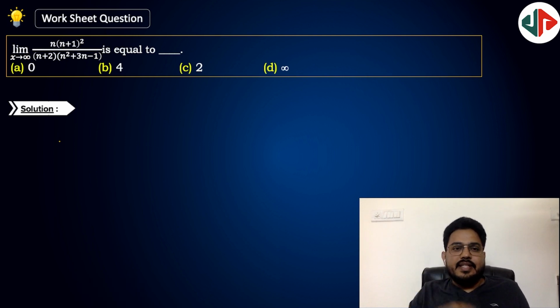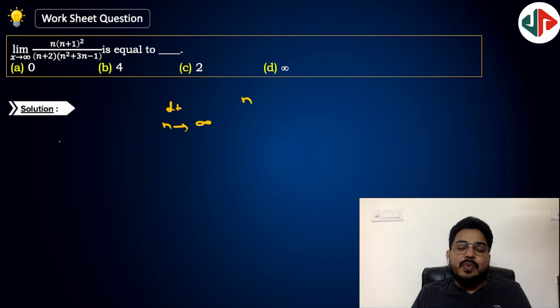I'm repeating this question. So here it is, limit, I think it should be m beta. There is a printing error. Otherwise, with n tending to infinity, you cannot do this one. So limit n tending to infinity, the answer is n square, (n plus 1) whole square, n square.